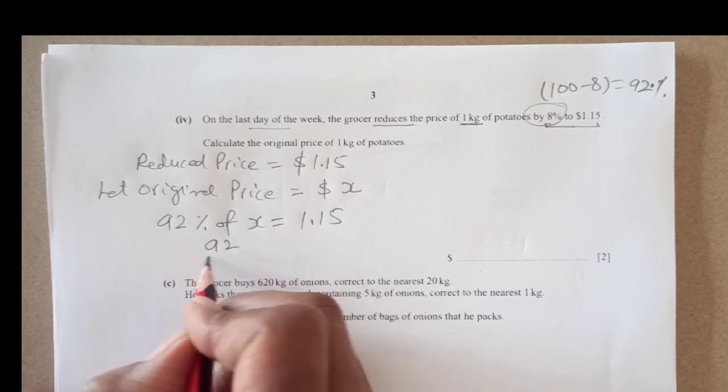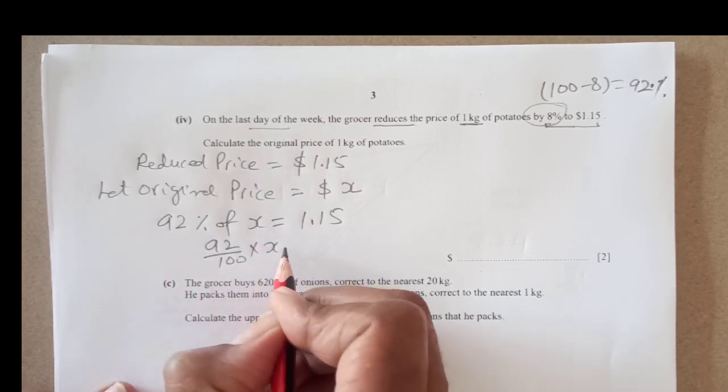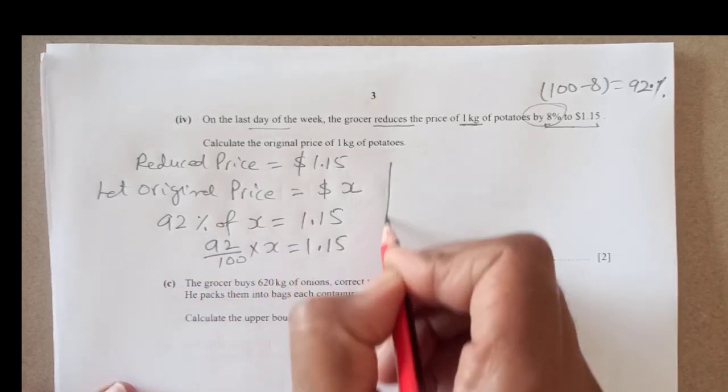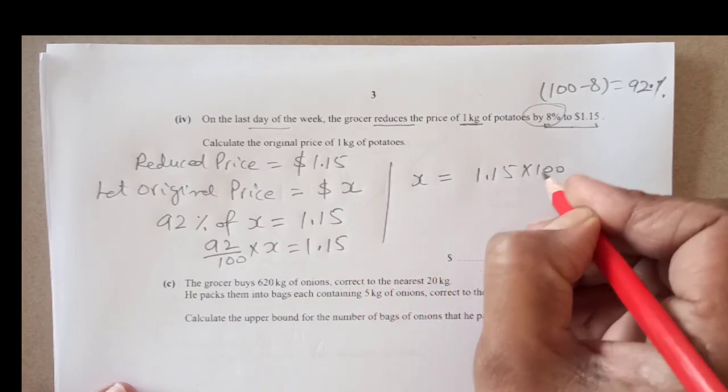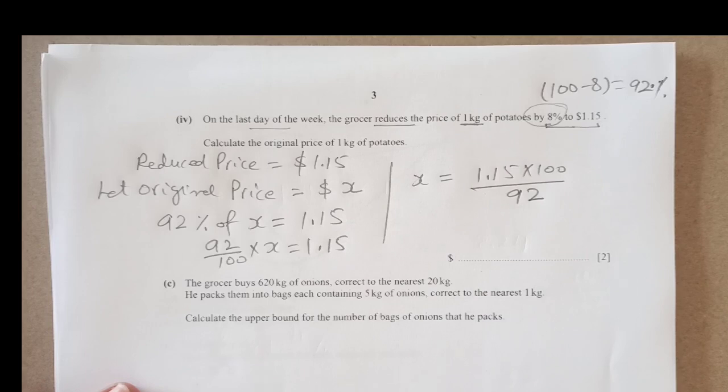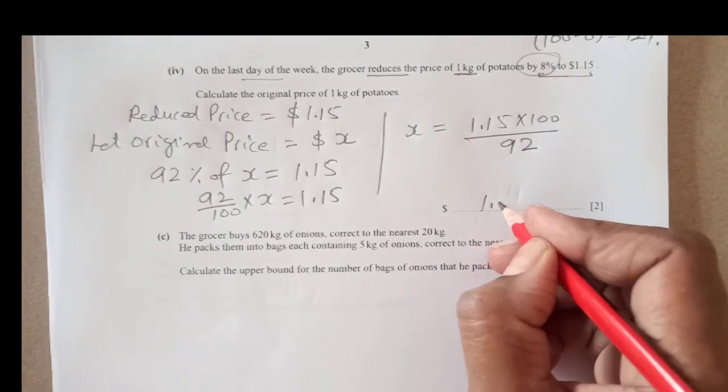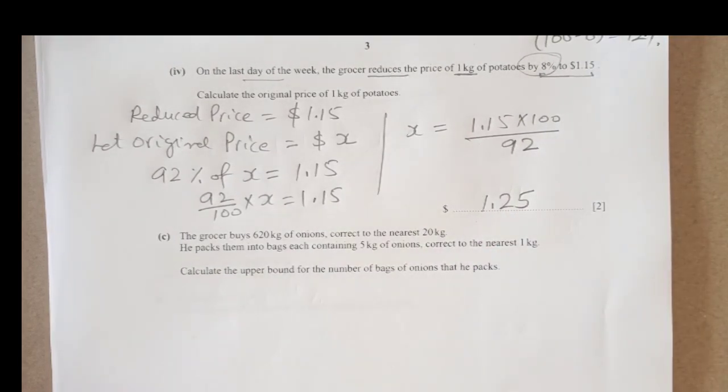So it is 92 over 100 times x equals 1.15. So the reduced price 1.15 times 100 divided by 92. So this is 1.25. Okay.